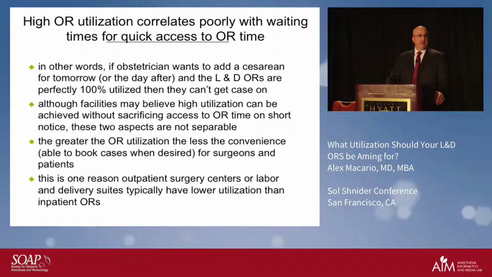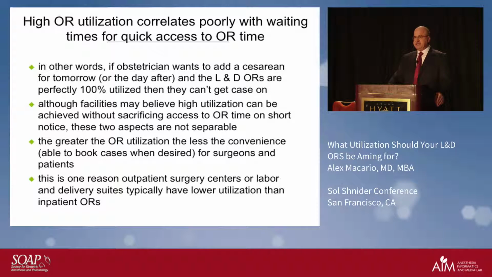And I hear this all the time in the hospital. We want to have a utilization that's super high and at the same time guarantee access to labor and delivery on short notice, within a couple days. You just can't have that. Mathematically, you can't have 95% utilization and have enough unused capacity the next day to have patients that need to be admitted.